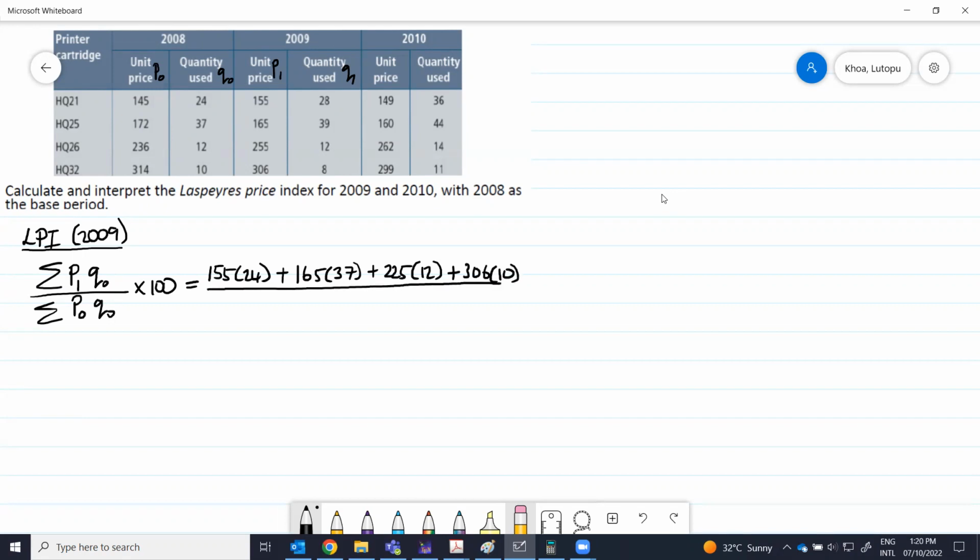And then the same thing in the denominator. We have P naught times Q naught, so it's 145 times 24, 172 times 37, 236 times 12, 314 times 10. Okay, all this will multiply by 100%.